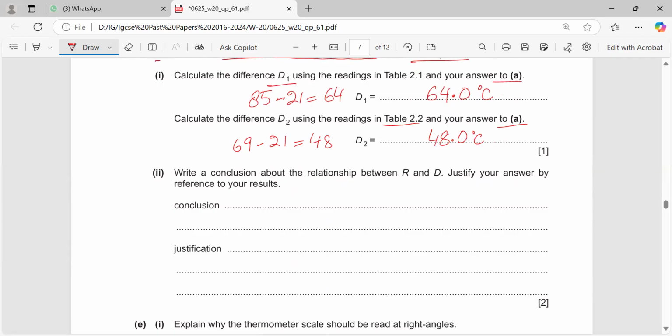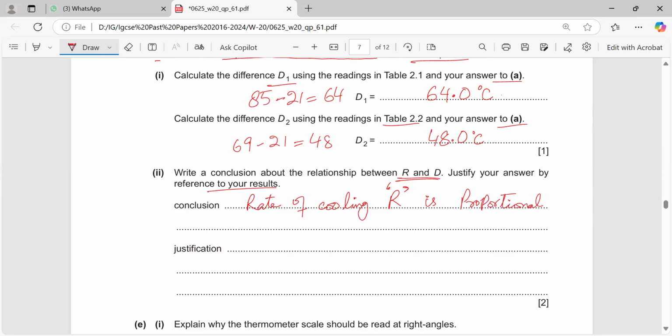Write a conclusion about the relationship between R and D. Justify your answer by reference to the results. No problem at all. So we can say that the rate of cooling R is proportional to, we can write directly proportional also, but proportional will work and we will save time also.